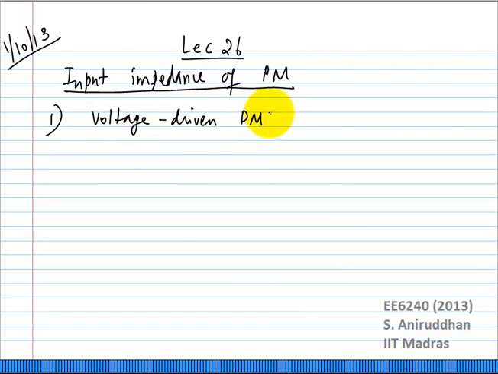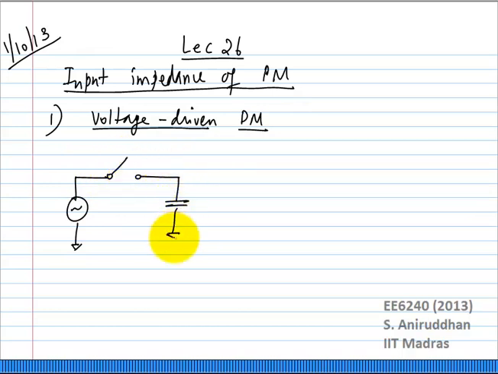So the first case we'll take is the case of the voltage driven passive mixer. As before, our input was x of t, our output was y of t, and let's say the switch is driven with some 50% duty cycle LO waveform.